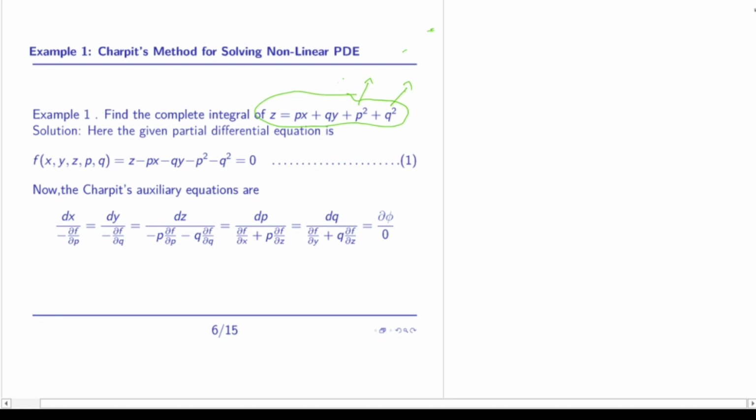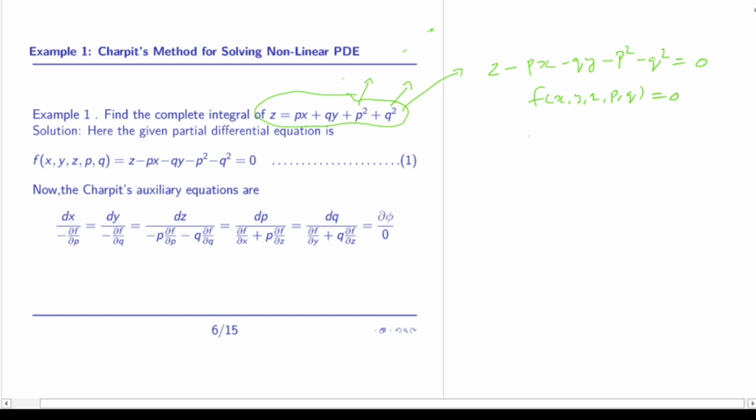Okay, so now we can rewrite this equation as z − px − qy − p² − q² = 0. So this is of the form f(x, y, z, p, q) = 0.